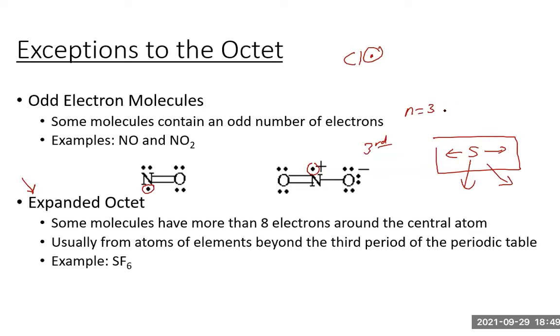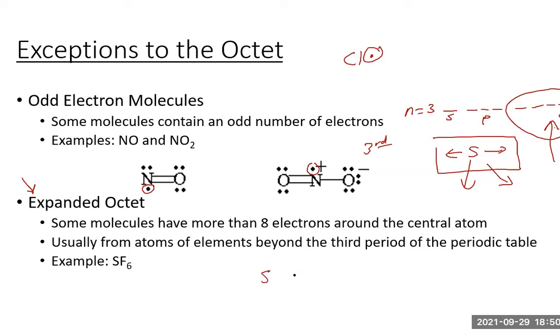And on the n equals 3 level, there are s orbitals, there are p orbitals, and they do have d orbitals available to them to basically house the extra electrons. So although they may not be using them, they have the d orbitals available to them to house those electrons, and they can sometimes go over it. So for example, SF6 is an example.